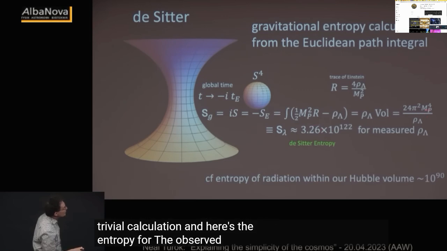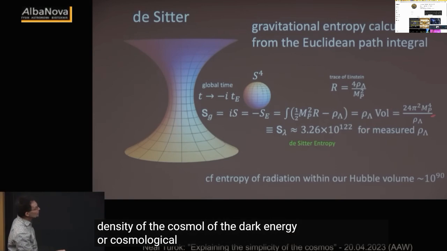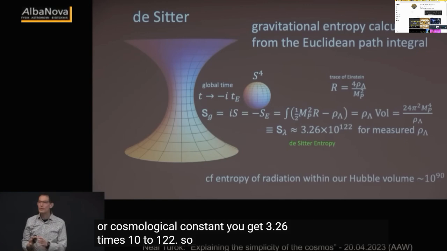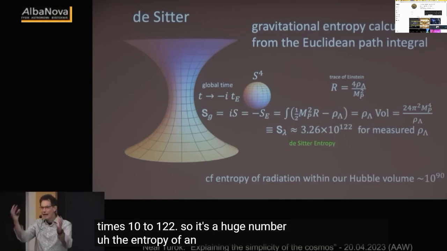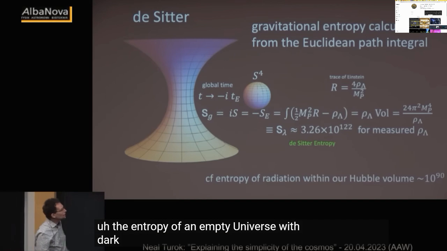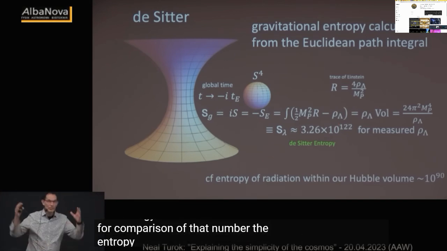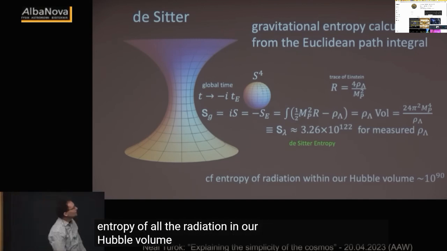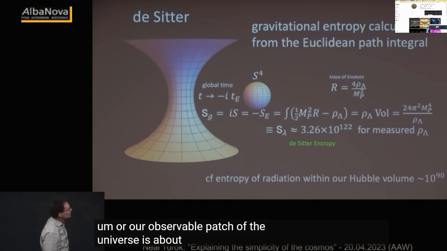For the observed value of the density of the dark energy or cosmological constant, you get 3.26 times 10 to the 122. So it's a huge number, the entropy of an empty universe with dark energy. For comparison, the entropy of all the radiation in our Hubble volume, or our observable patch of the universe, is about 10 to the 90.